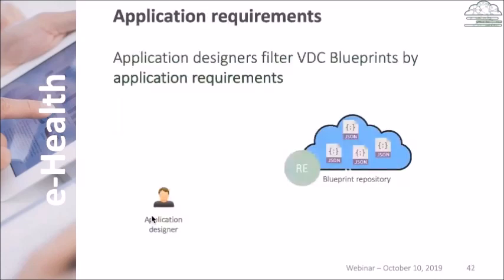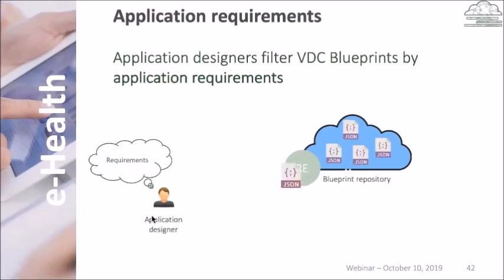On the other hand, we have, as we said, application designers that need to select the best VDC blueprint for the job. In order to do so, they prepare another JSON file containing the application requirements that they would like to have for their applications, and submit these application requirements to the blueprint repository, to the blueprint registry.